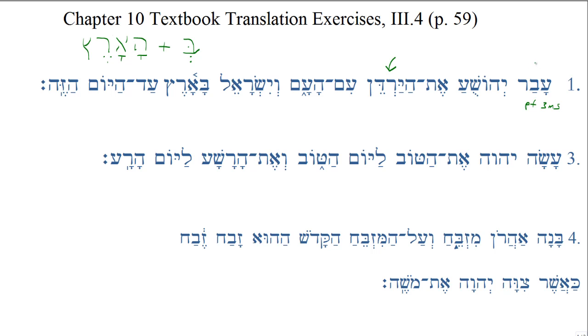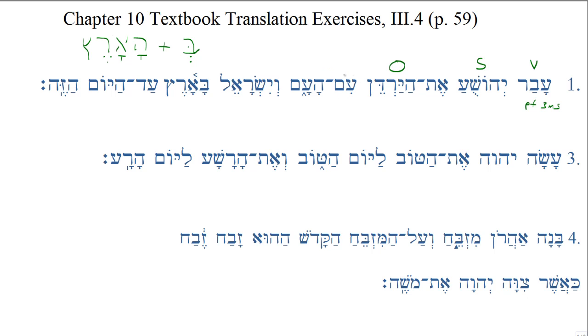The explicit subject here is Yehoshua, so our verb is Avar. Yehoshua, Joshua. Hayarden is definite, so we have a direct object marker. So here's our direct object. So Joshua passed over the Jordan, im ha'am.